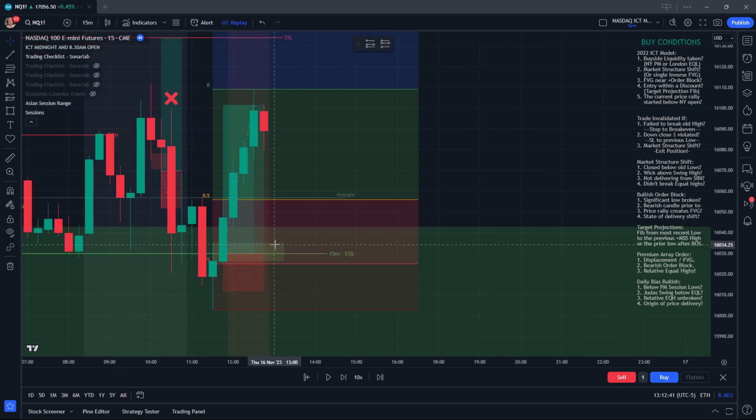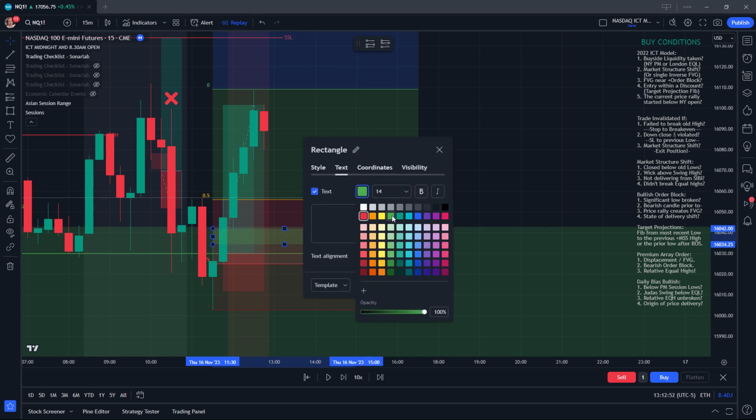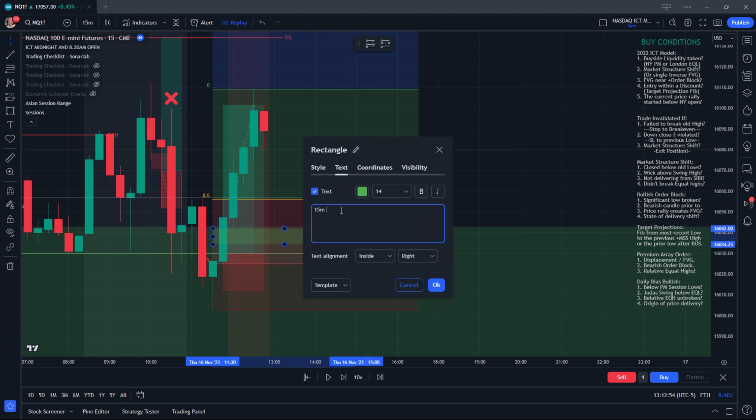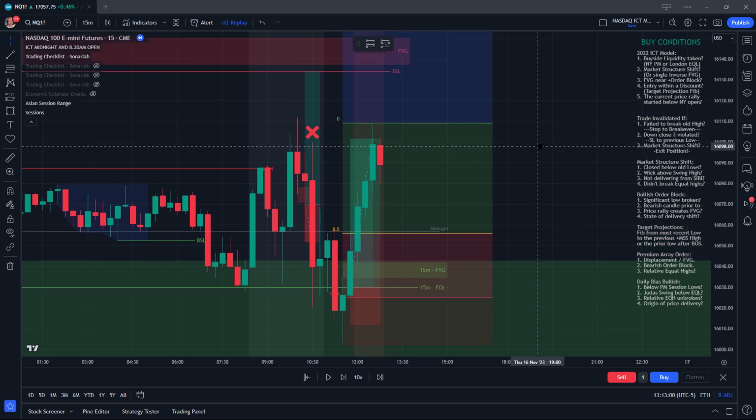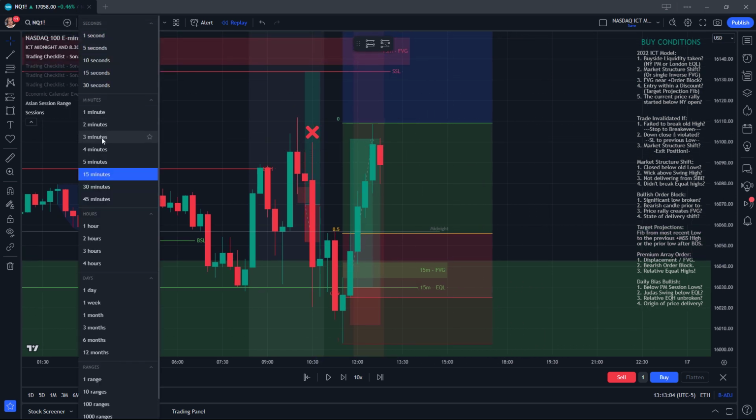We could move this here. That was the 3-minute one, but if we move it there, we've got that fair value gap on a 15-minute. We'll mark that as a 15-minute fair value gap. Go back to a 3-minute.